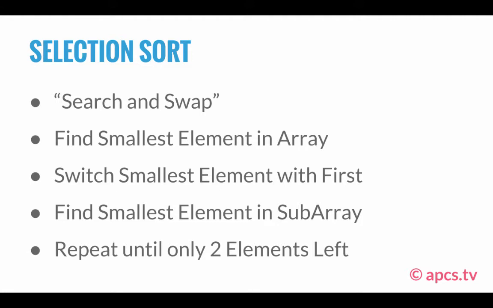And why I say subarray is because once the first element is already the smallest element, the algorithm automatically ignores the first element and continues on looking at all the other elements and finding the smallest element in those. And then it repeats this process until there's only 2 elements left. And when there's 2 elements left, it compares the two and determines which one is bigger and which one is smaller. So which one should be second to last and which one should be last.